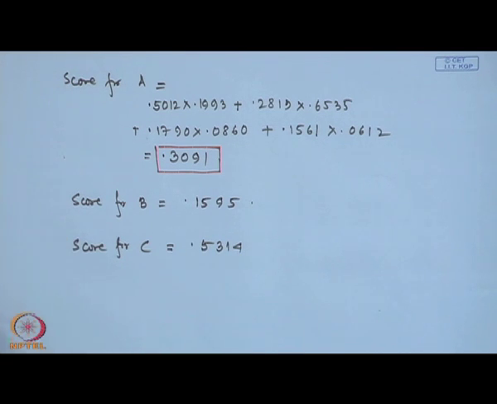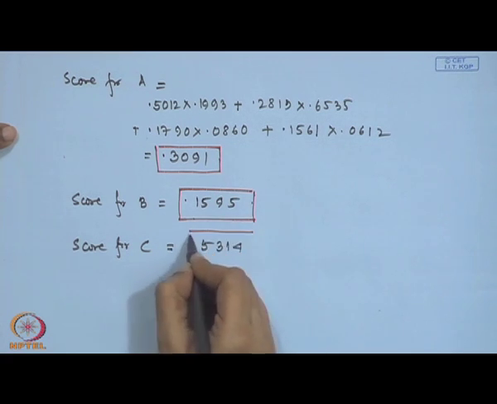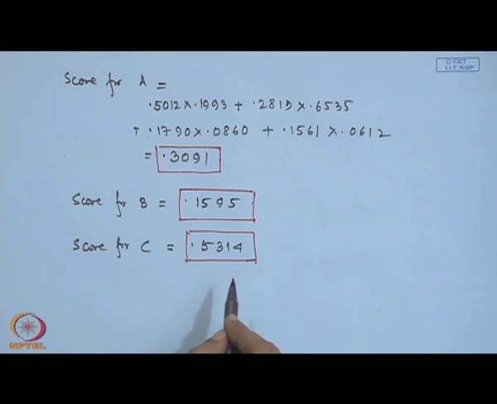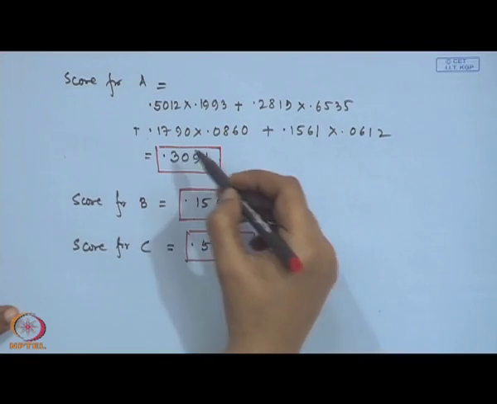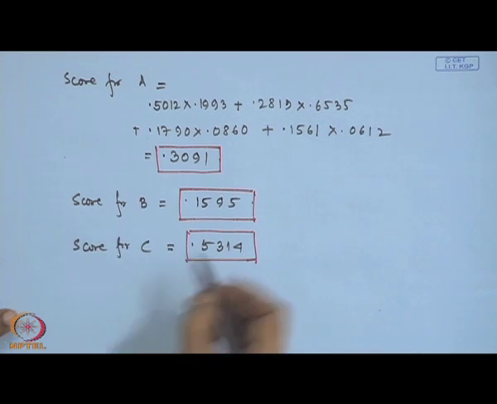Then what is the conclusion for us? We have 3 alternatives. The company has 3 alternative locations, location A, location B and location C, and with respect to the criteria and the pairwise comparisons of the alternatives, we get the score for A as 0.3 and for B as 0.1.